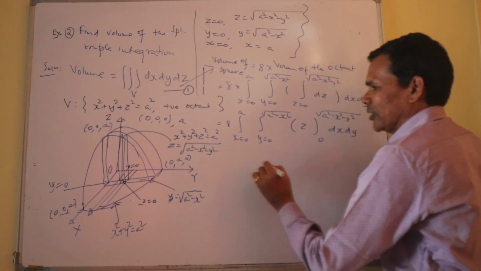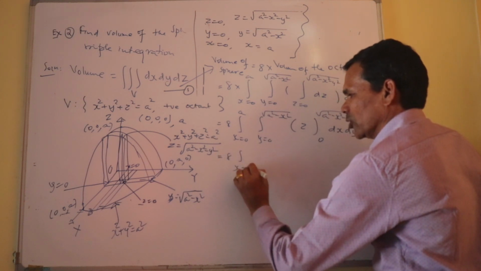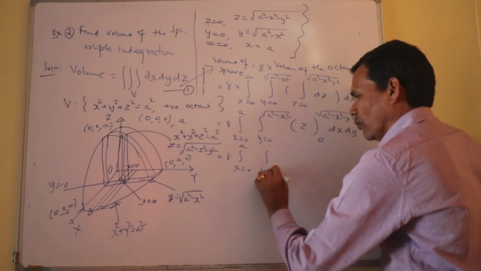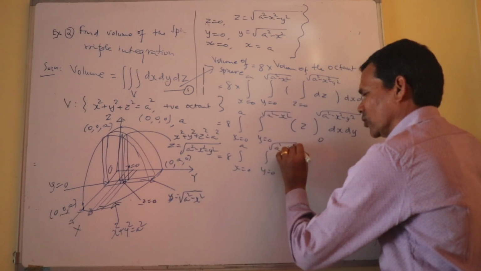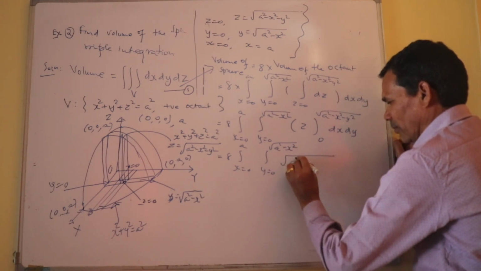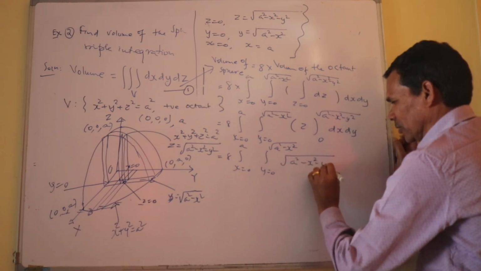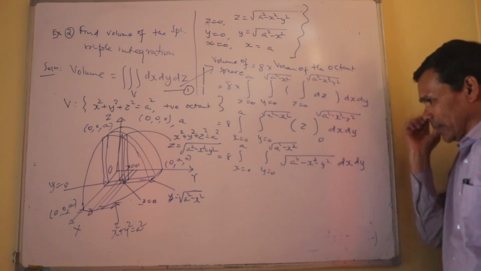Now if you apply the limits, it is readily converted to a double integration: x from 0 to a, y from 0 to root of a square minus x square, and root of a square minus x square minus y square dx dy.